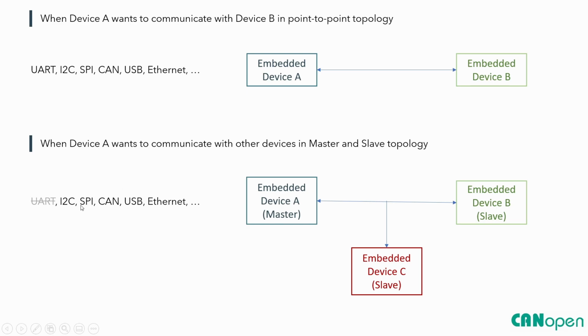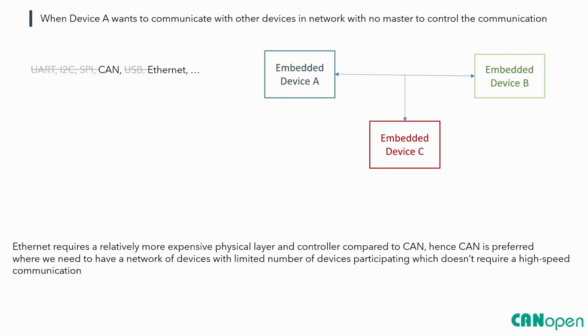But I2C, SPI, CAN, they all can handle this situation, and they usually need to be in a master-slave topology where one master will poll the other slaves for their status and then ask them if they have some data to send. So that's how it works in these cases.